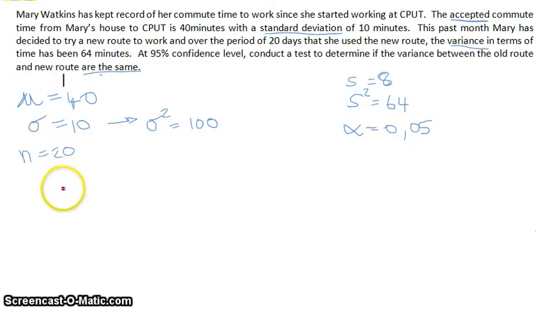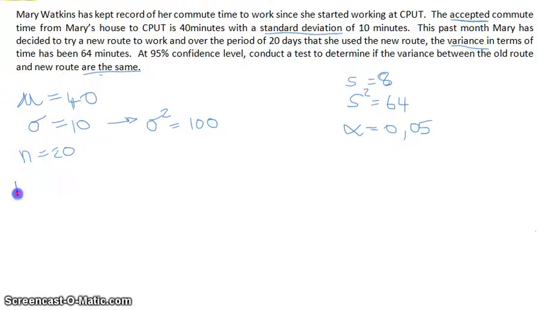We're going to do a two-tailed test because we want to work out if the old is the same as the new. We don't want to establish whether one is greater or less than the other. We want to know, is it equal to or is it not equal to?